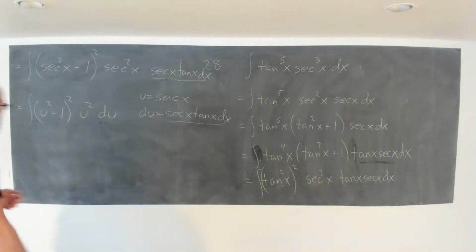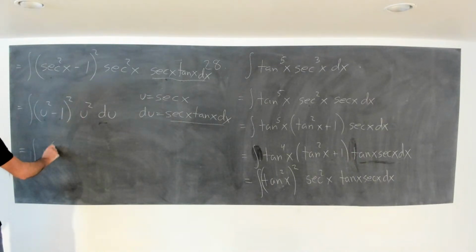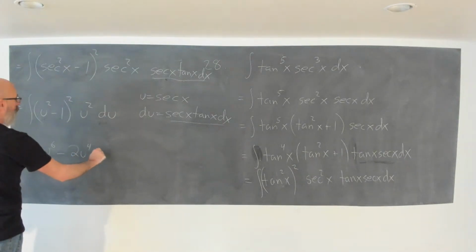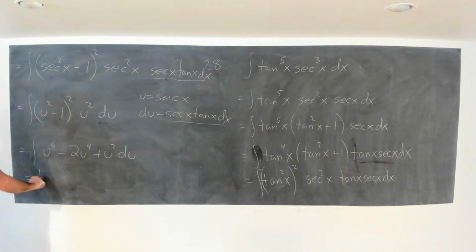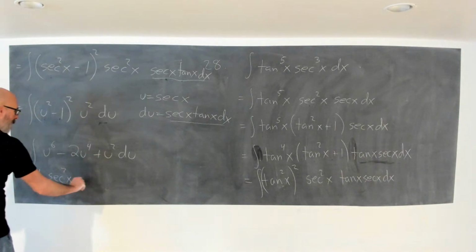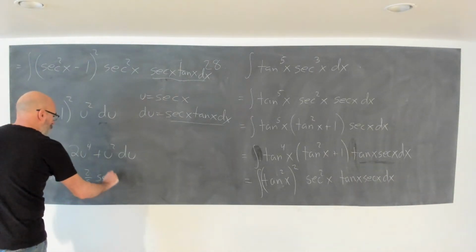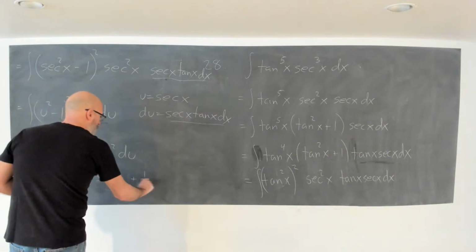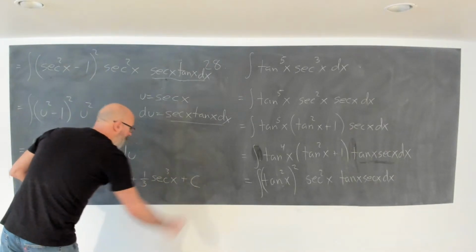Now simply expand that, and we're good to go. This u to the 6 minus 2u to the 4 plus u squared, 1 over 7 secant to the 7 minus 2 over 5 secant to the 5, 1 over 3 secant cubed plus C.